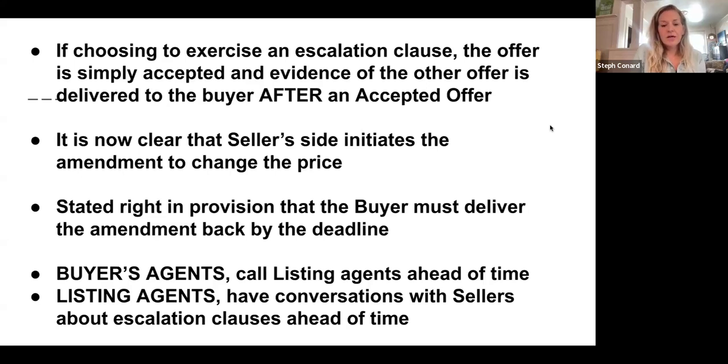And then listing agents having conversations with sellers ahead of receiving offers, at the time of a listing. If you think it's going to be something that's going to be pretty hot, I would definitely have a conversation with your sellers on what potential offers could look like. So those are just kind of tips for you guys.